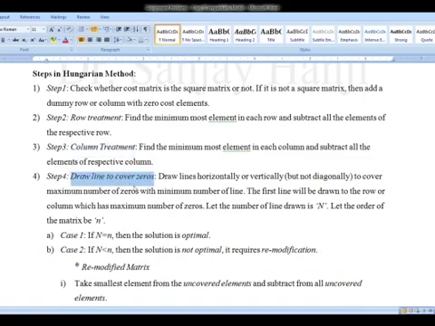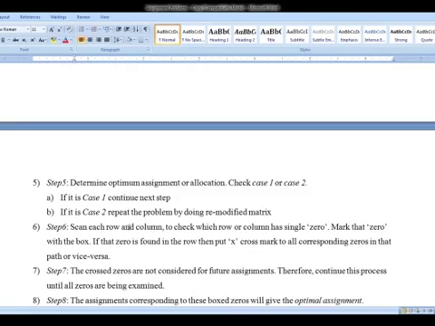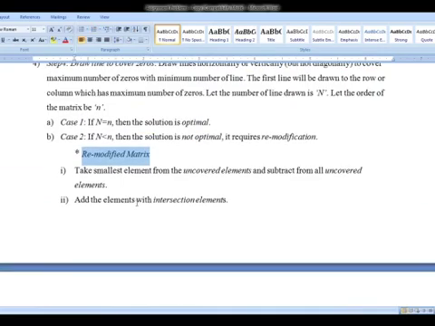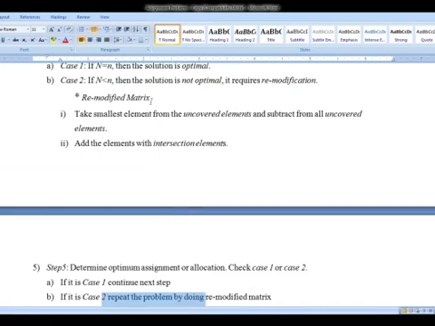Then you have to check the number of lines drawn against the order of the matrix, whether both are the same or not. If they are not the same, then you have to do the remodified matrix. I will tell you how to do the remodified matrix, and after doing it, you need to check the same condition again, whether both are the same or not. If the condition is satisfied, then continue. If not, repeat for the remodified matrix.